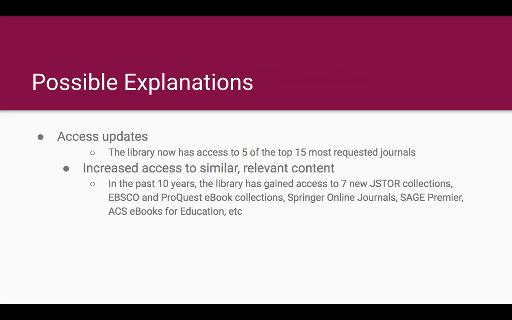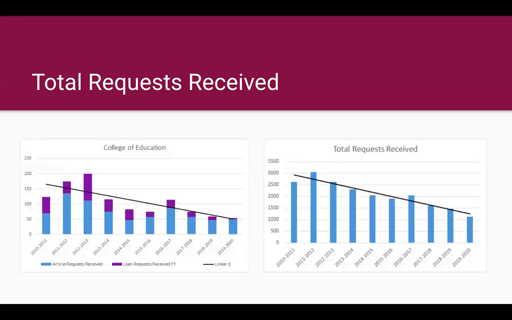And we've also, in the past 10 years, gained access to a variety of new big deal vendor packages, including JSTOR, EBSCO, and ProQuest ebook collections, various journal collections. And so users might be, even if they're not finding these specific resources that they were requesting through interlibrary loan, finding satisficing titles that are good enough for their research.